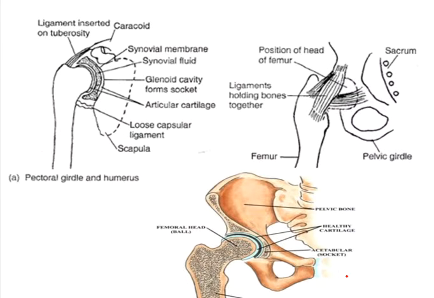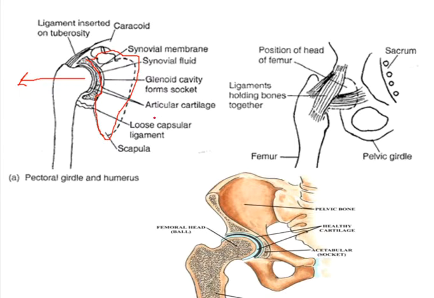Let's look at them. Pectoral girdle and the humerus. This is the humerus here, and this head forms a ball that fits into the glenoid cavity of the scapula, thus forming a ball and socket joint which allows movement in all directions.